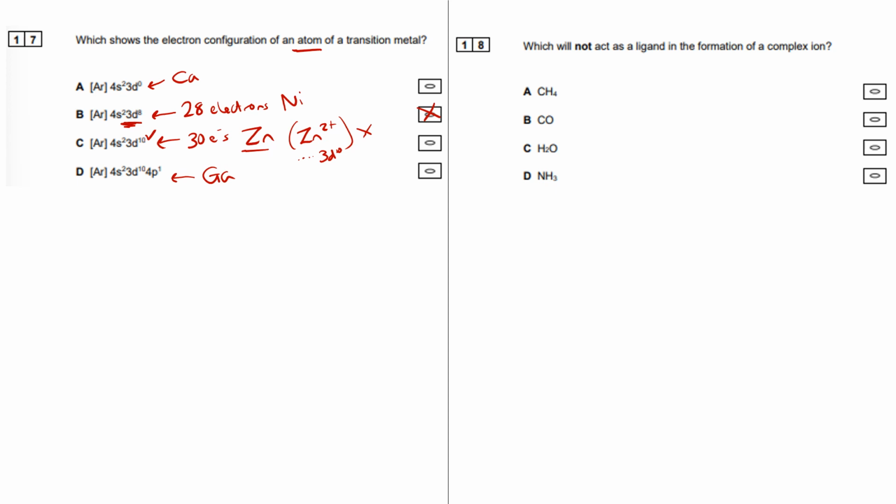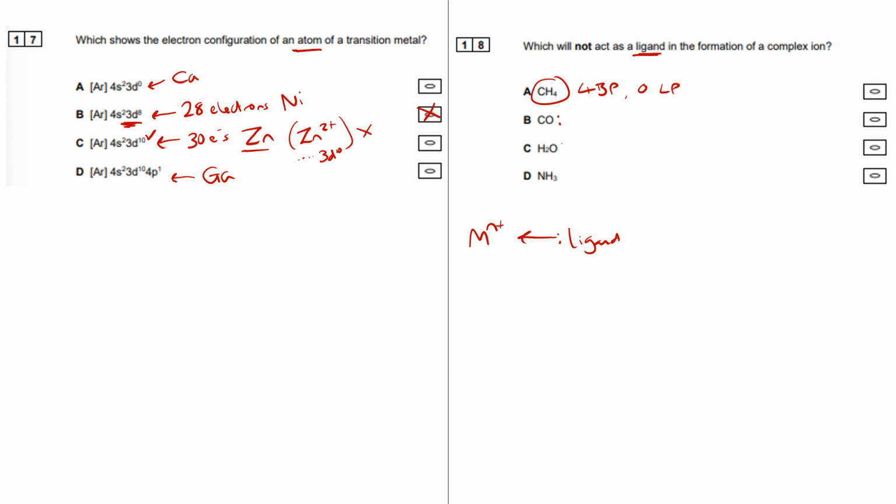Question 18. Which will not act as a ligand in the formation of a complex ion? So a ligand has a lone pair, donates a lone pair to a transition metal. CH4 is the only one with no lone pair of electrons. It's got 4 bonding pairs. No lone pairs, so that can't be a ligand.